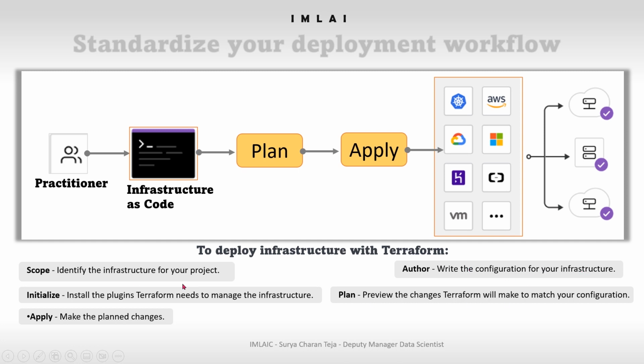Once the configuration file is ready, you use terraform init to initialize, to install the plugins Terraform needs to manage the infrastructure. Once the plugins have been installed, then it's time to go for the plan. What plan does is it reviews the changes Terraform will make to match your configuration, and finally Terraform will apply the planned changes to your resource.